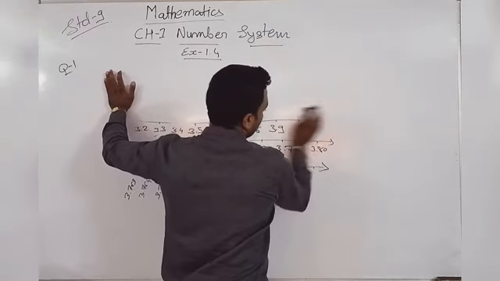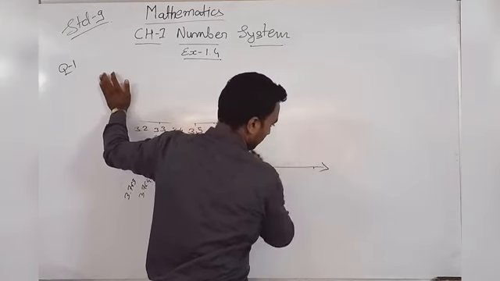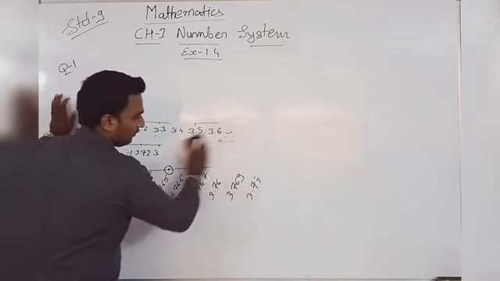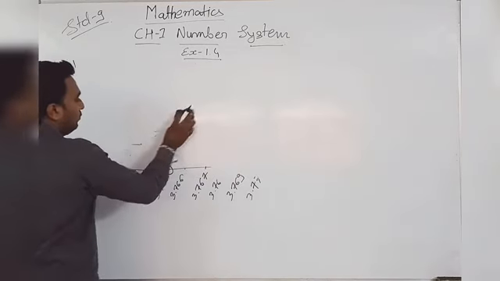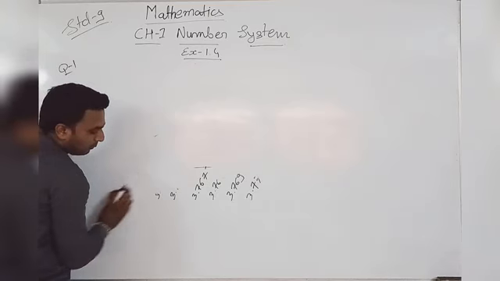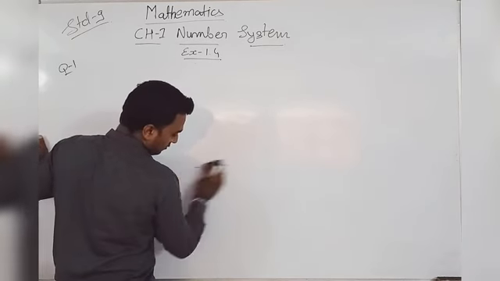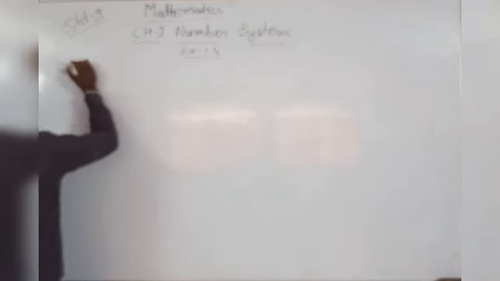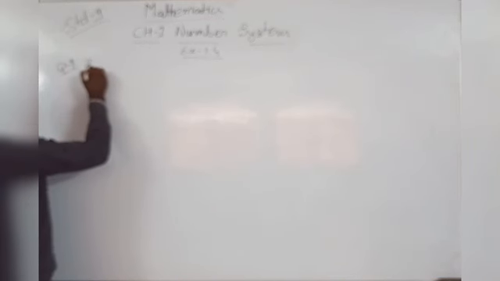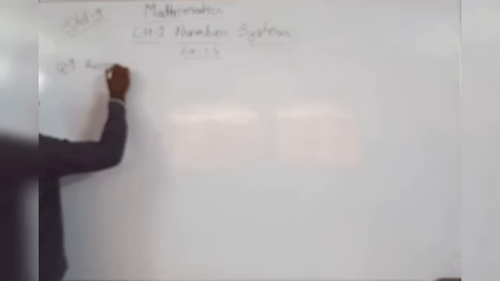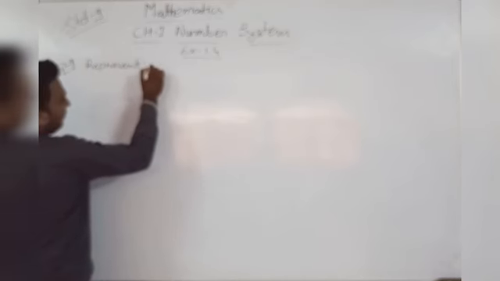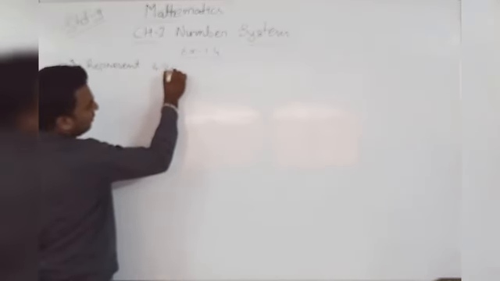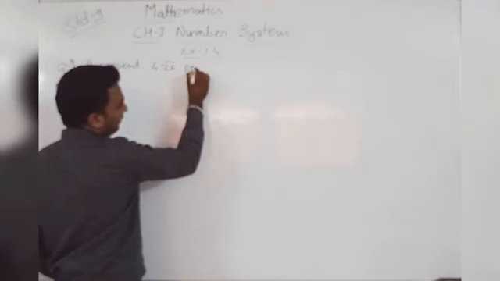Now next, what is your question number 2? In question number 2, you have to represent 4.2626 on the number line.